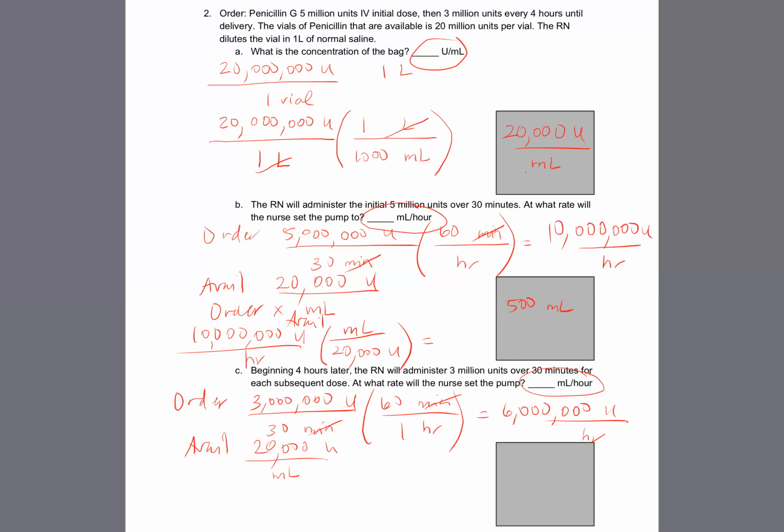And when you multiply order times availability, so you have 6 million units over hour times mL over 20,000 units, units cancel, divided by 20,000, you get 300 mLs per hour.